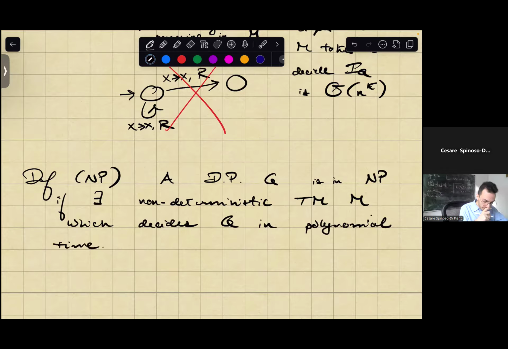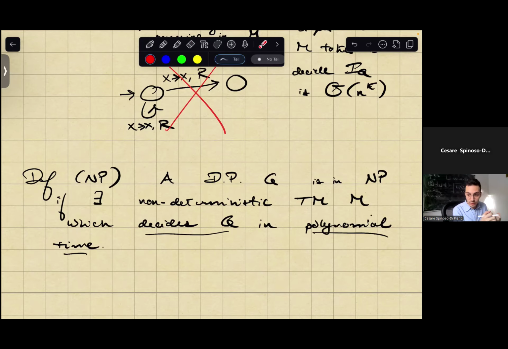Okay, so what does this actually mean, right? Again, we have three keywords. Two are the same as the definition of P, which is to decide Q in polynomial time. The only other thing that NP is relaxing is that you can provide a decision procedure which is fully deterministic, or which at some point uses non-determinism, right? So you can use non-determinism.